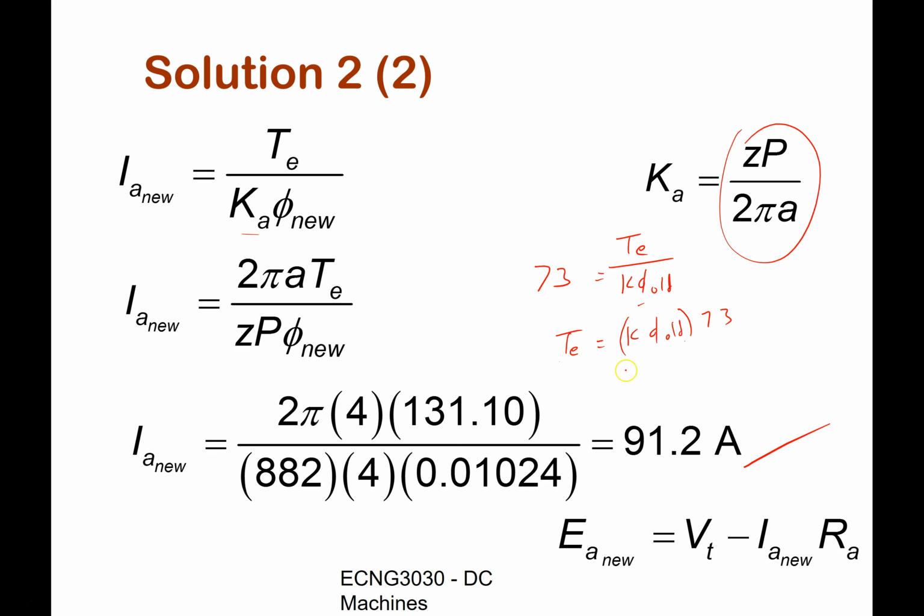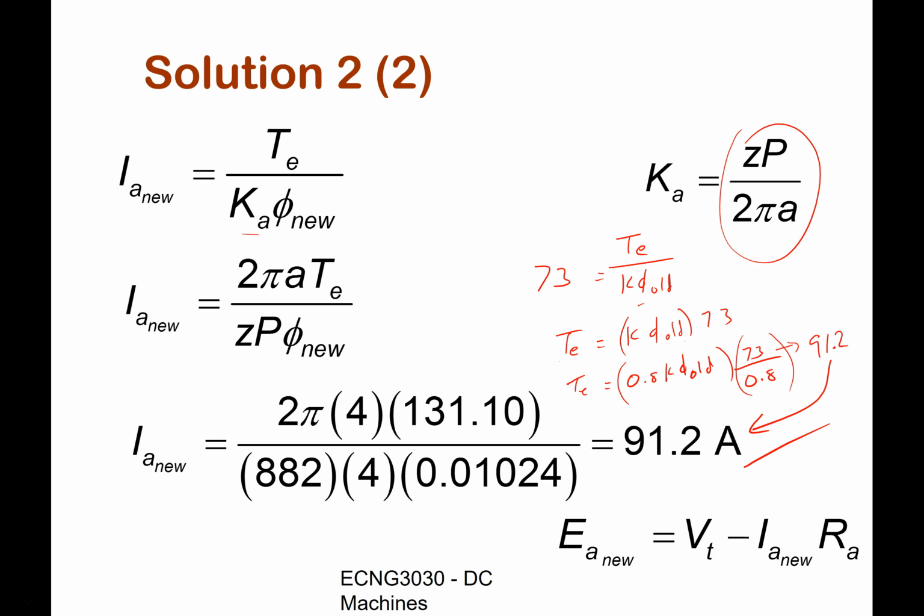So if I change to K phi new, which is 0.8 K phi old, then my current has to change to cancel that. So it'll be 73 on 0.8, and this 73 divided by 0.8 will give me 91.2 amps as well. So that's an alternative way to do it.